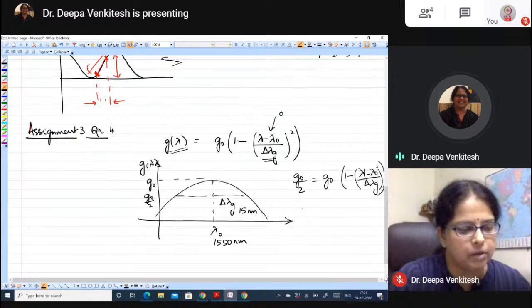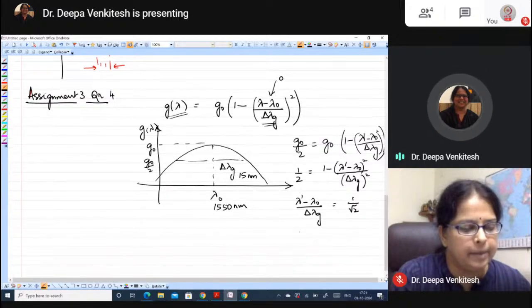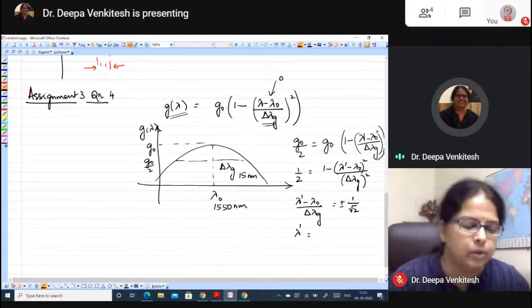If you actually solve this, you will get half equal to 1 minus lambda prime minus lambda naught the whole square divided by delta lambda G the whole square. So lambda prime minus lambda naught by delta lambda G is equal to 1 by root 2, and in fact plus or minus 1 by root 2 because you are taking a square root.